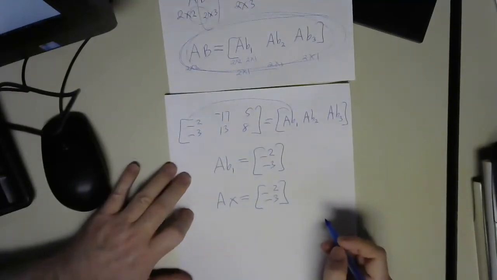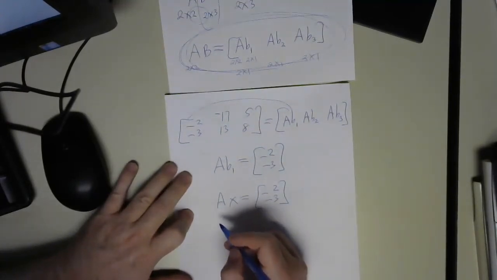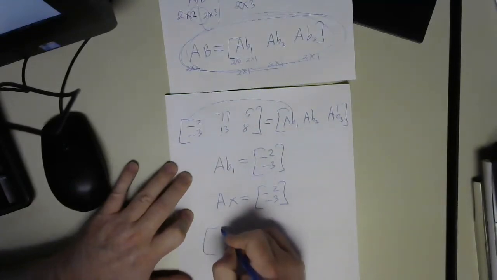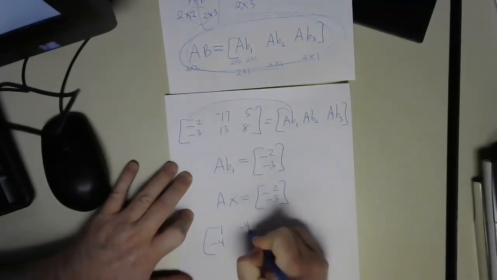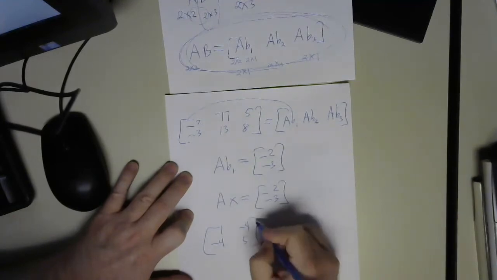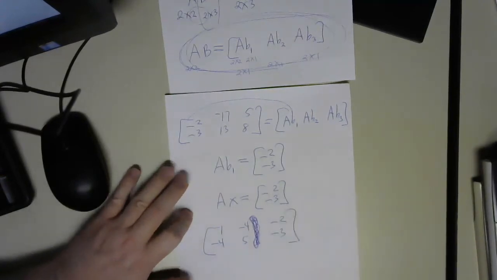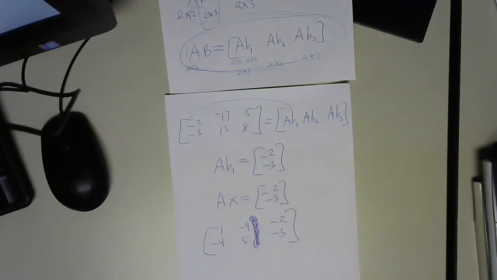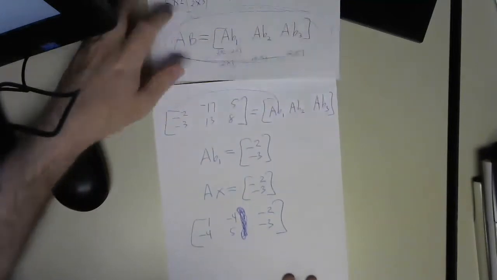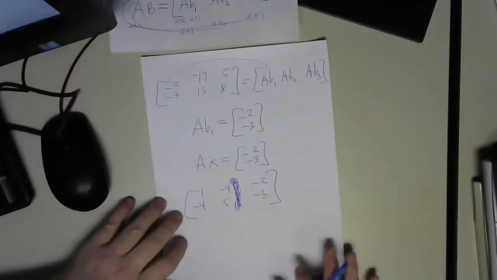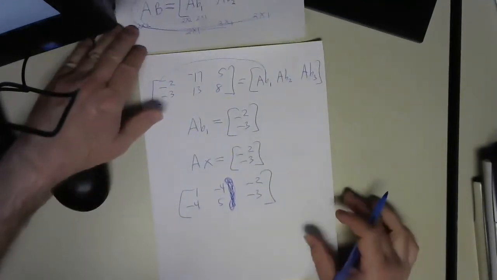So let's write down the augmented matrix for that system. Well, here's matrix A. And the right-hand sides of the equations are -2 and -3. So that's the augmented matrix for that system. So really, I just have to solve that system.